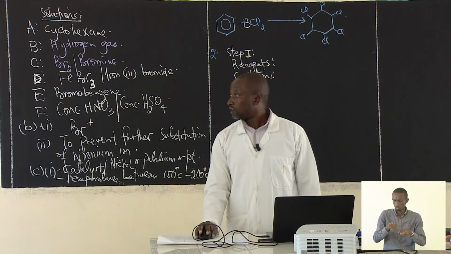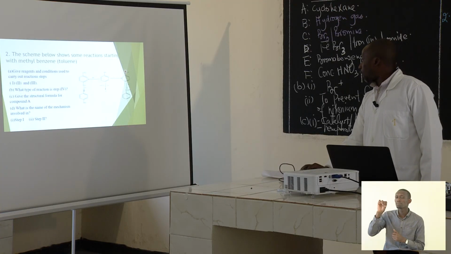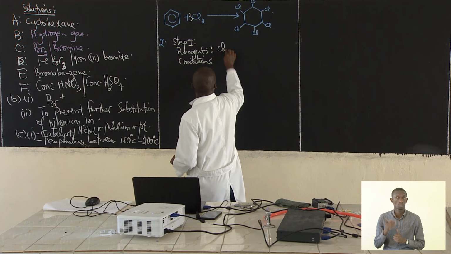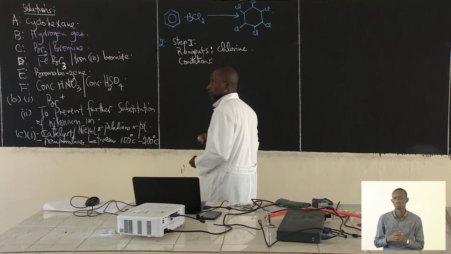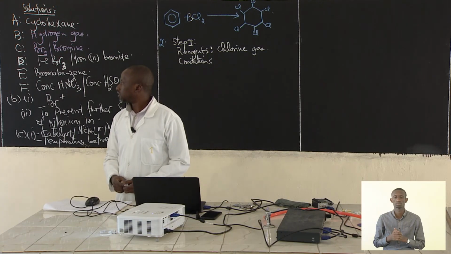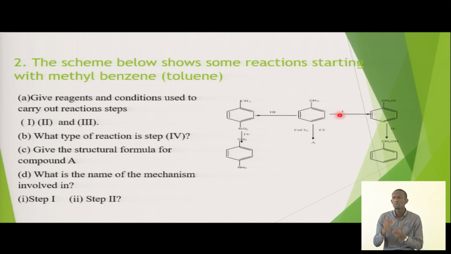So we are seeing methyl benzene forming chloromethyl benzene over here. So the chlorine is added over there. So the reagent here is chlorine gas. And what are the conditions? We see the substitution taking place over here. We have CH3, and here we have CH2Cl.